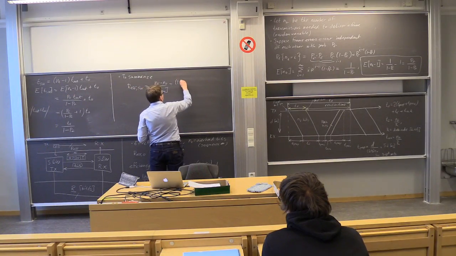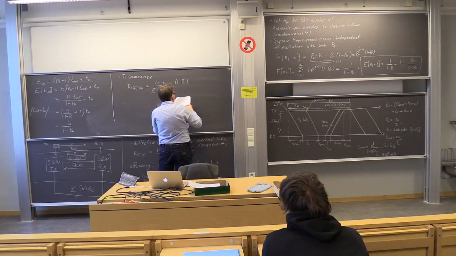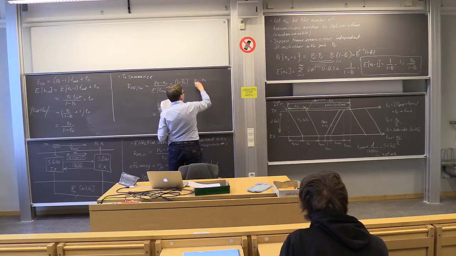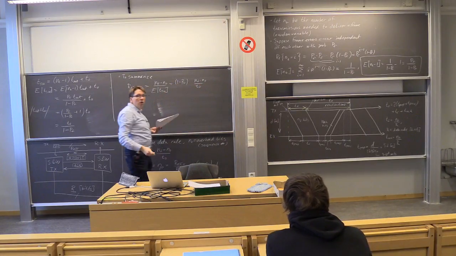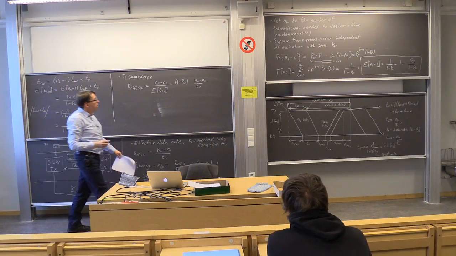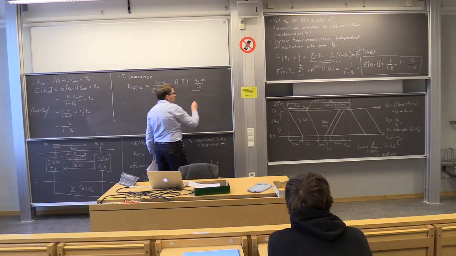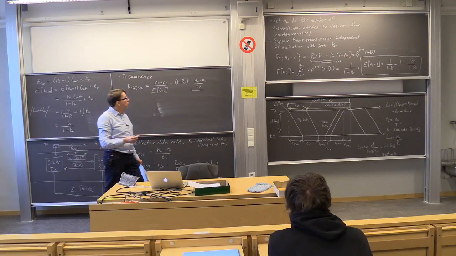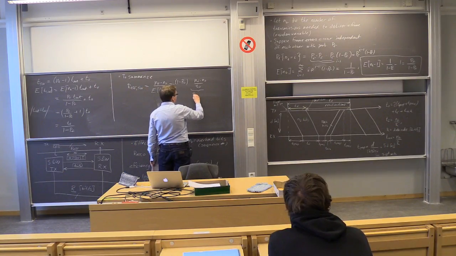So this is 1 minus PF times nf minus n0 divided by t0. Just plugging in the numbers. And what we have here is the effective rate when we had 0 errors. So this we called RF0.